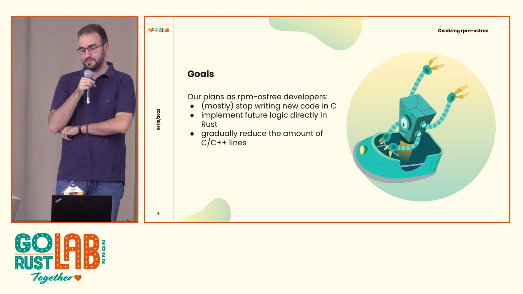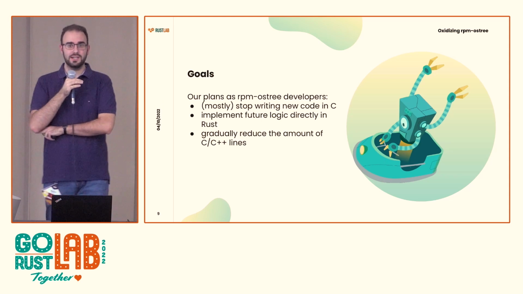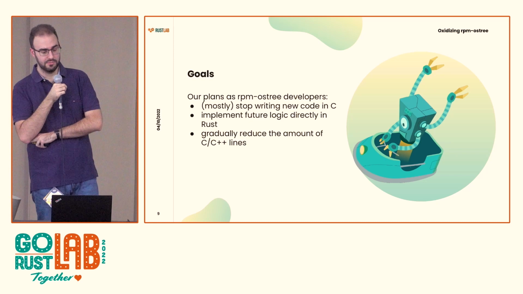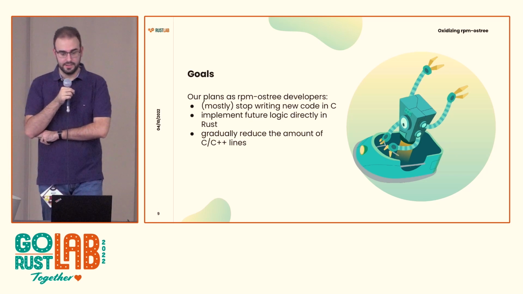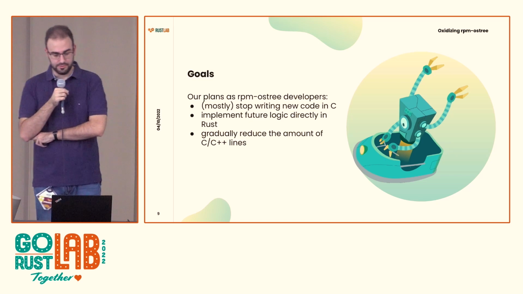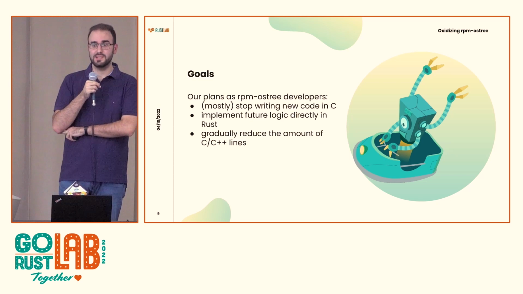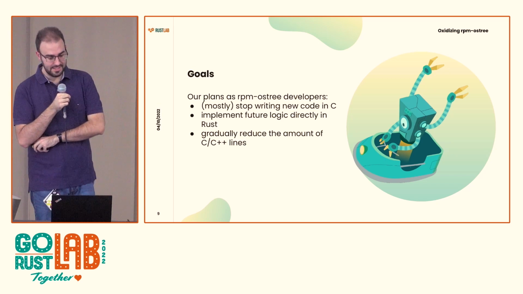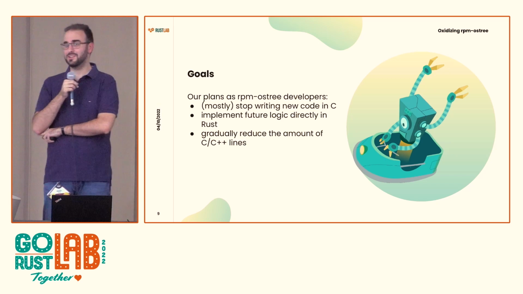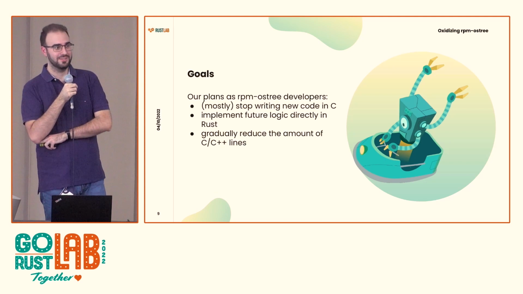A side effect of stopping on one side and starting in another direction is that gradually, over time, we are reducing the amount of C and C++ lines inside the project. I'm mentioning C and C++ here because this project has more or less all the legacy Linux stuff that you may have seen.